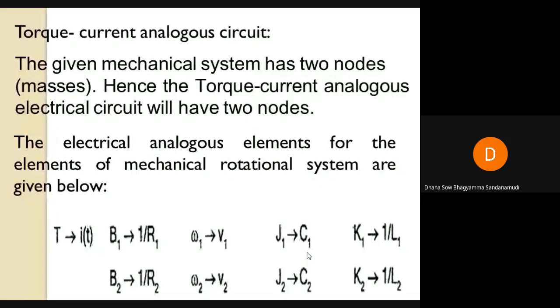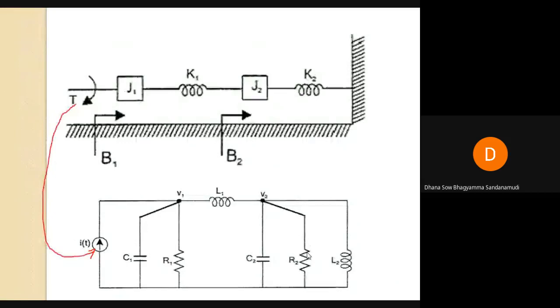Since it is analogous to C1, you must draw C1 in parallel. So how many nodes are there? J1 and J2, two nodes. Since there are two nodes, first of all mention those two nodes, the node voltages V1 and V2.